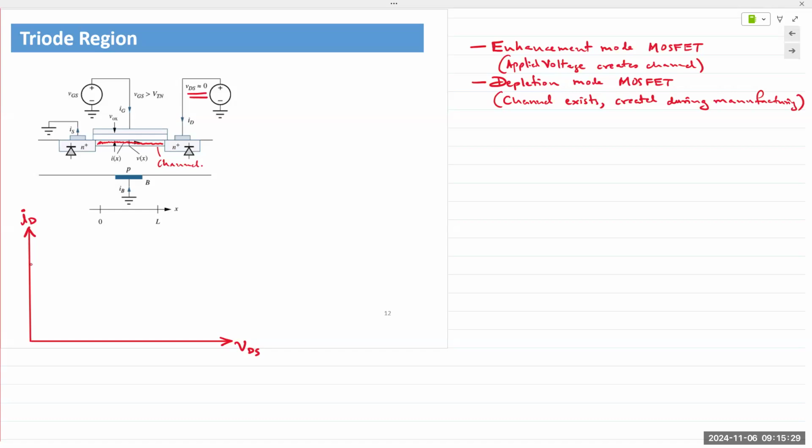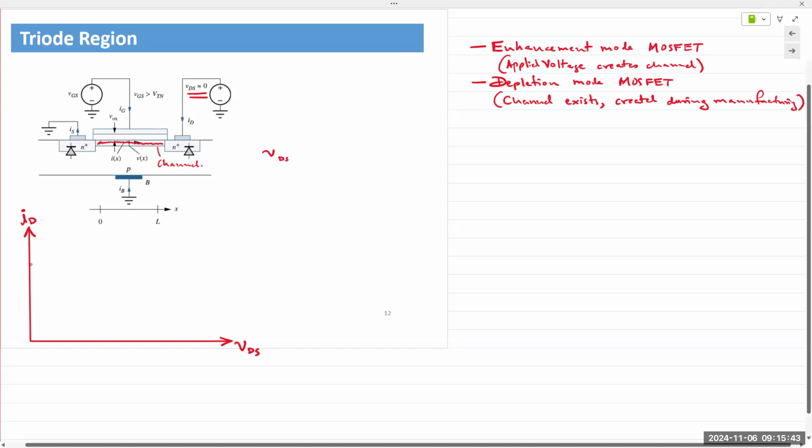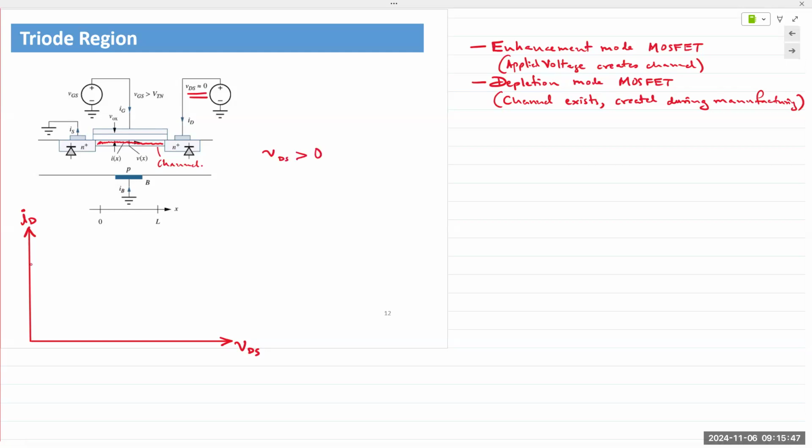So electrons are moving in response to the electric field due to the applied voltage between drain and source, VDS. So VDS now is slightly above 0. Okay, current starts flowing.